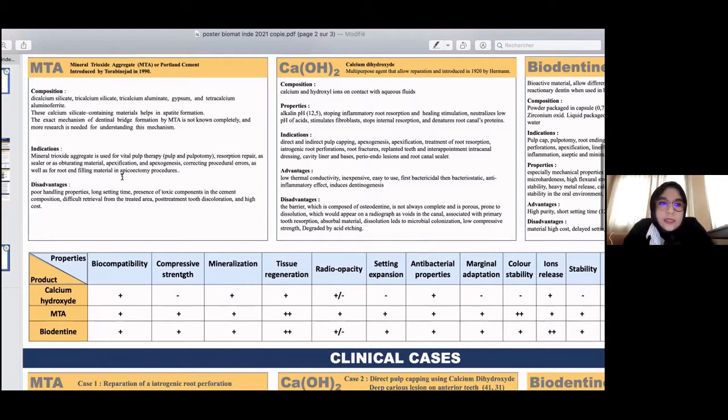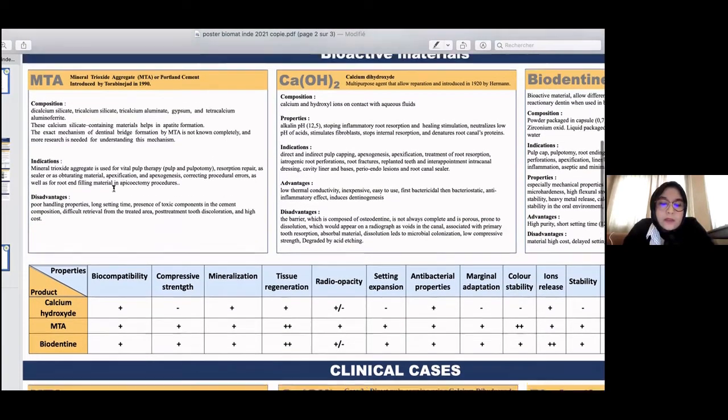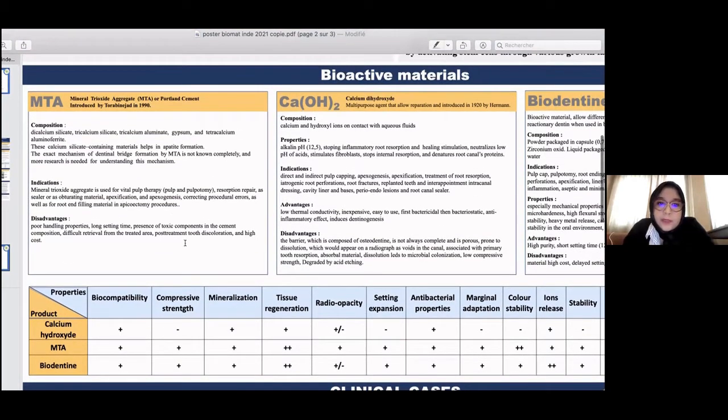So it's indicated in vital pulp therapies, resorption repair, as a sealer or obturating material. It's used also in apexification, apexogenesis, to correct procedural errors and mistakes, and as root filling material and in apicectomy procedures and other indications.